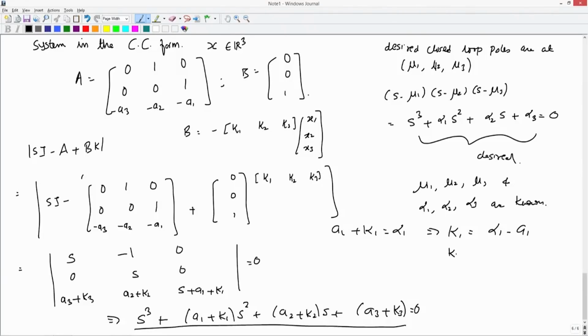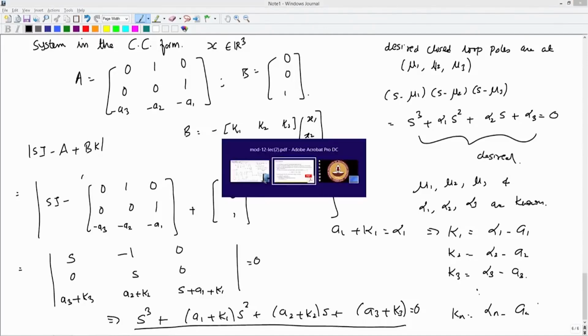Similarly, K2 is alpha 2 minus A2, and K3 is alpha 3 minus A3. And you can just generalize this. If you have a system which is n by n, generally Kn would be alpha n minus An.